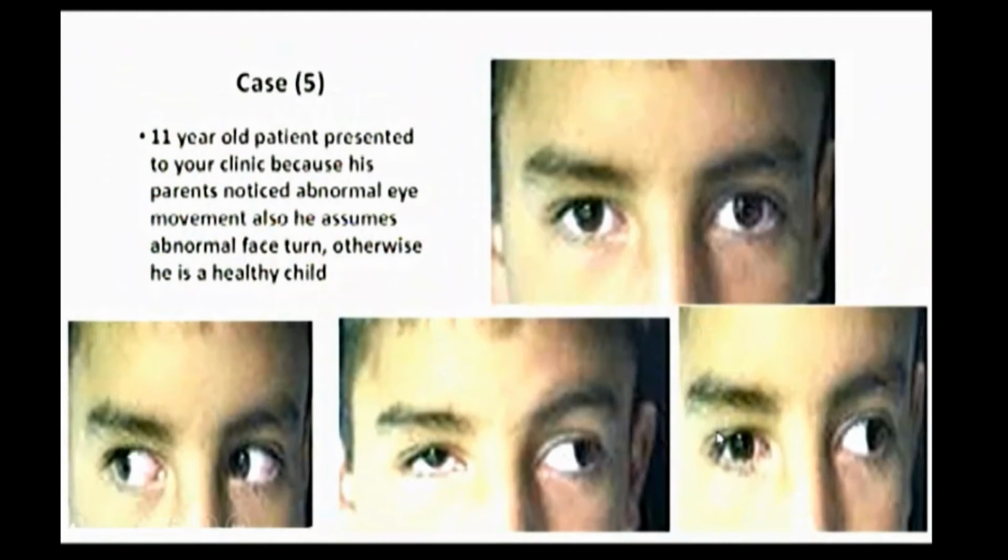What is your differential? My first differential is Duane syndrome. In which eye? In the right eye. Type what? Type 2. Type 2 right eye. Yeah. Give me one more differential. Could be a contracture of the lateral rectus.